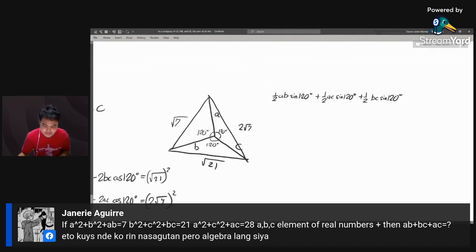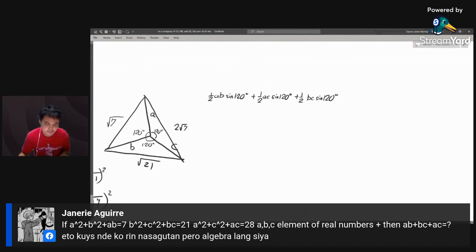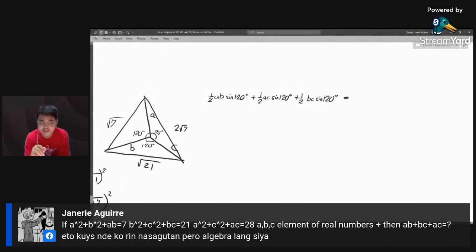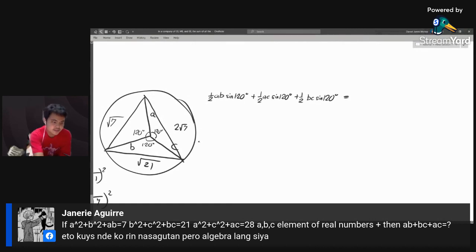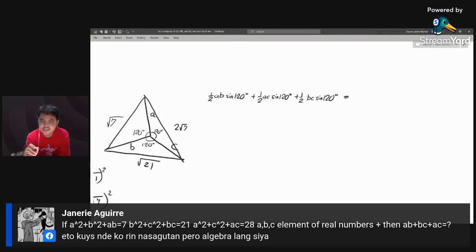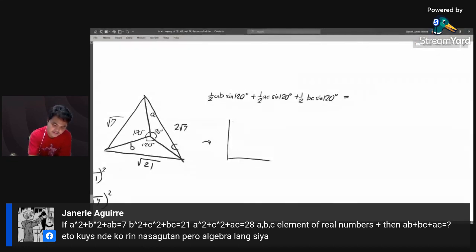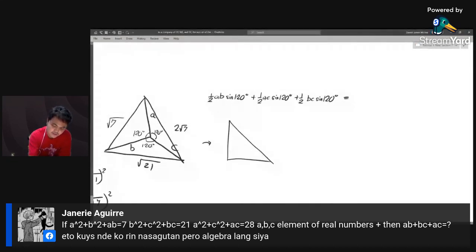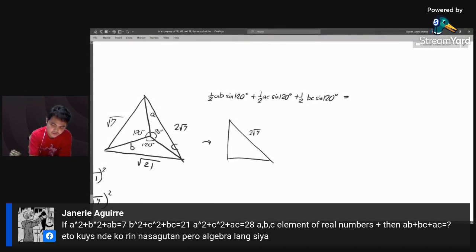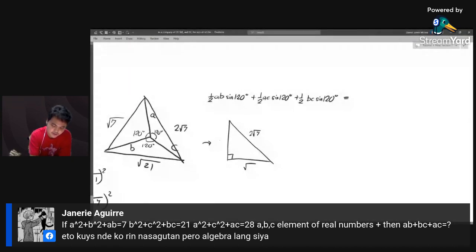Pero, saan natin yan i-equate? Siyempre, yung area nung buong triangle na to. Anong gagamitin natin? Herons? Hindi. We don't need to use Heron's formula here. Ano? This can actually be shown na right triangle. Diba? 2 square root of 7, square root of 21, square root of 7.